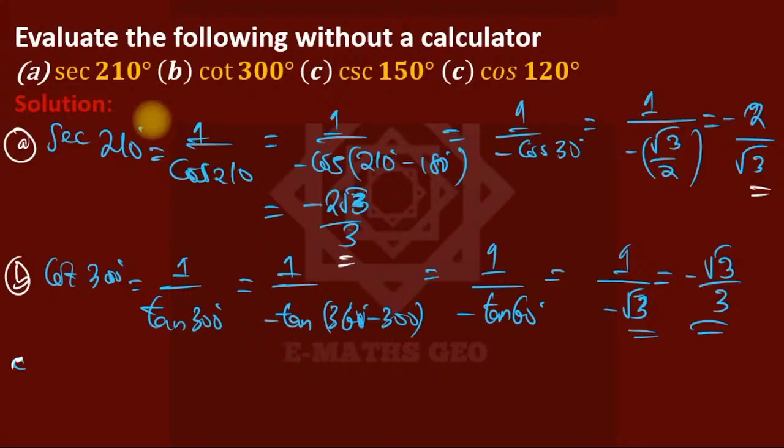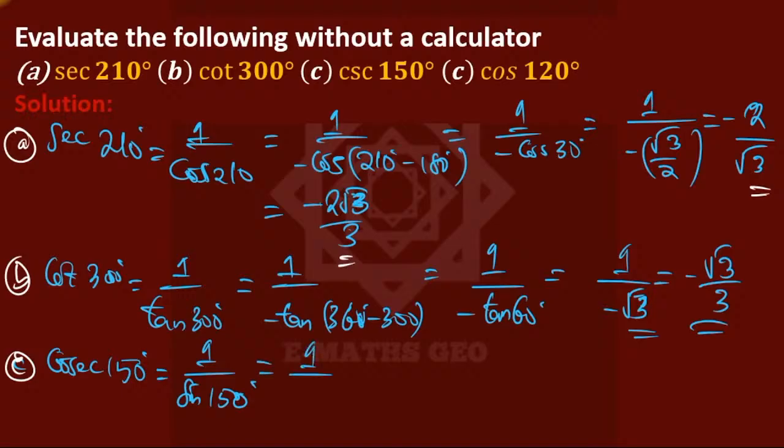So this is the C part, we have to do cosec. Cosecant 150. But we should remember that cosec is 1 over sine. Since we are in the second quadrant, sine is still positive. So now do 180 minus 150.